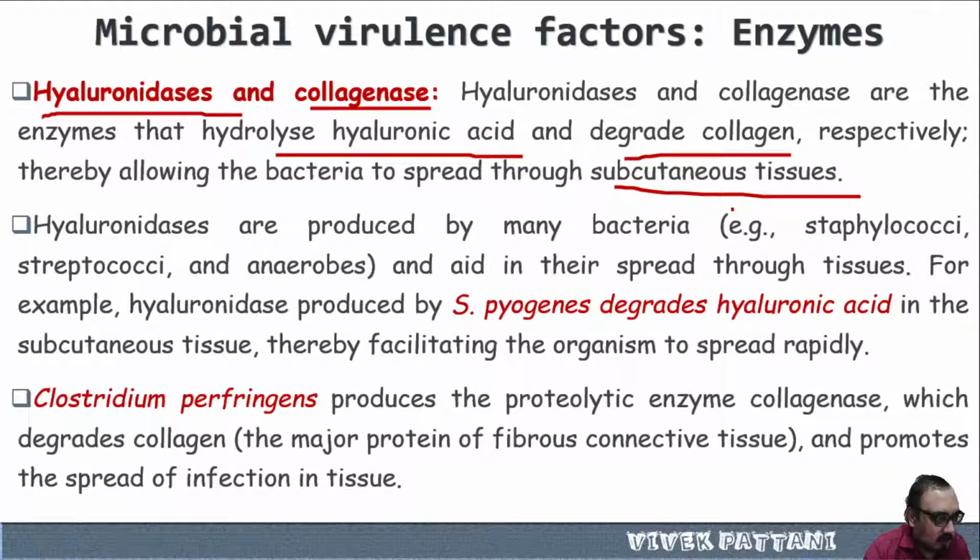Some examples of bacteria which may produce hyaluronidases are Staphylococci, Streptococci, and some of the anaerobes, which aid in their spread through the tissues.